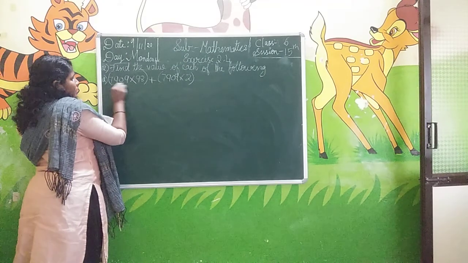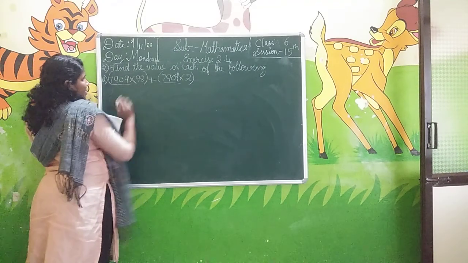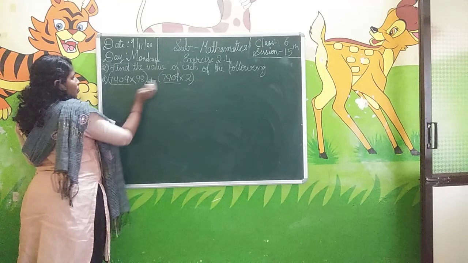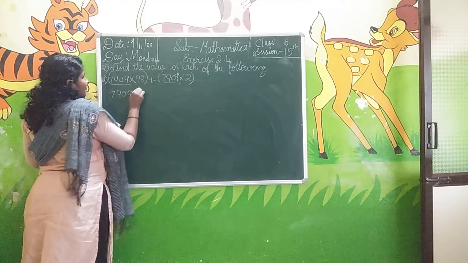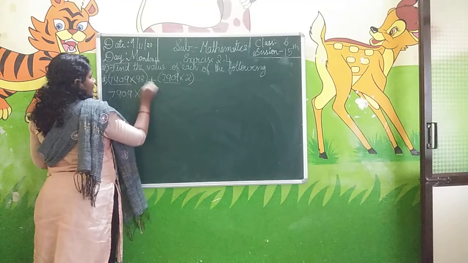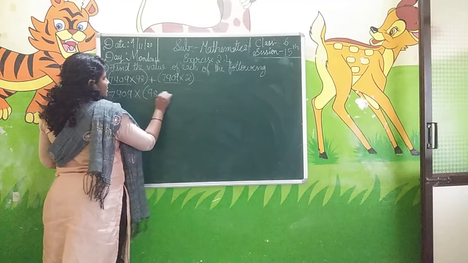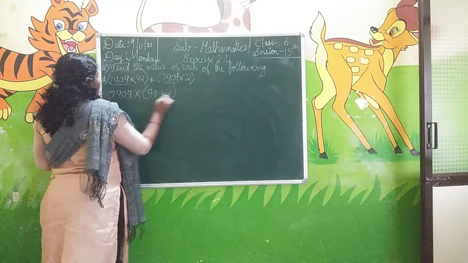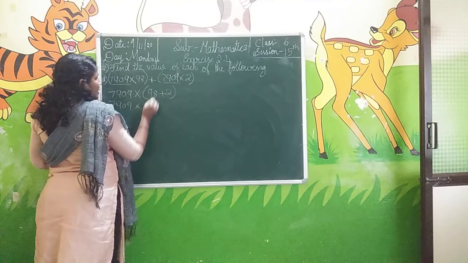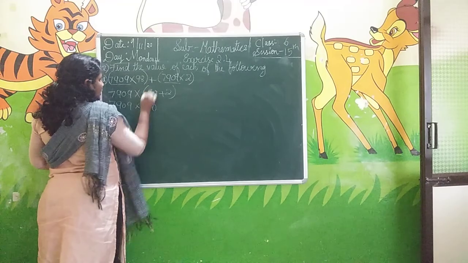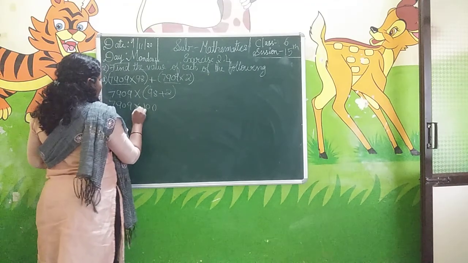Here 7,909 and 7,909 they have given. So instead of taking it 2 times, we can take it one time, that is 7,909 multiplied with 98 plus 2. 7,909 into 8 plus 2 is 10, 1 carry, 9 plus 1 is 10.